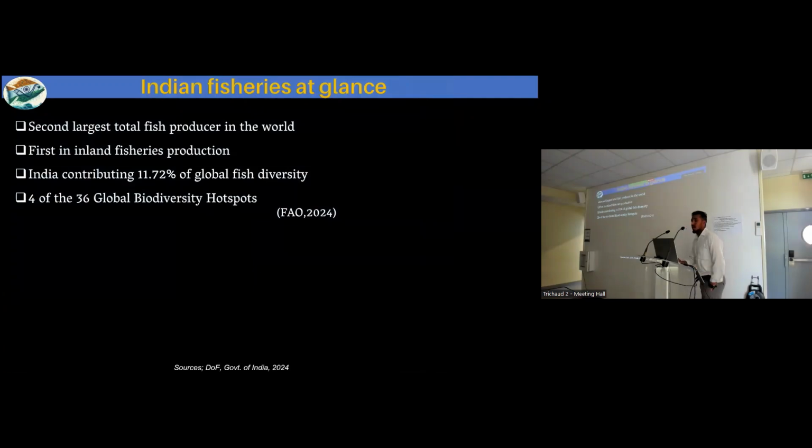India is the second largest fish producer in the world, and also the top inland fisheries producer. The data show it is one of the major players in Indian fisheries and aquaculture as well. India contributes 12% of the global fish diversity, and out of 36 biodiversity hotspots, four are in India.